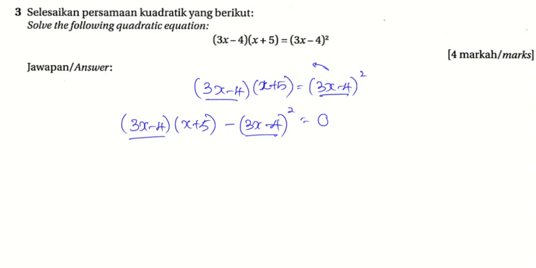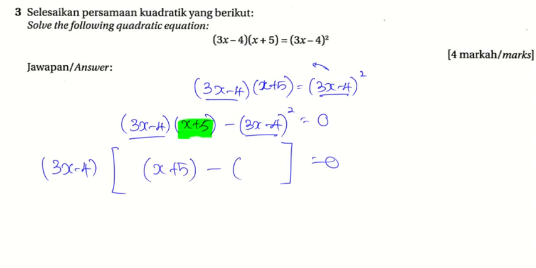Here got 3x minus 4 also. So I will factorize, I will pull it out. 3x minus 4, I will pull it out. So I still have x plus 5 inside. So I put x plus 5 and minus, there's another 3x minus 4 inside. So 3x minus 4 bracket, open bracket, you have negative 2x plus 9 equals to 0.